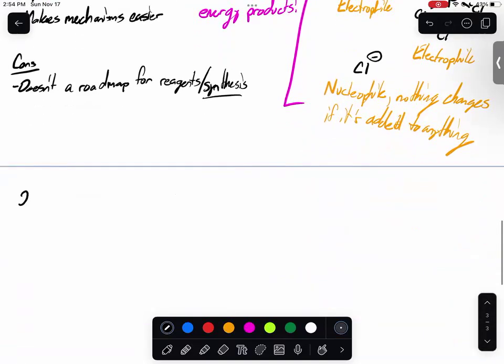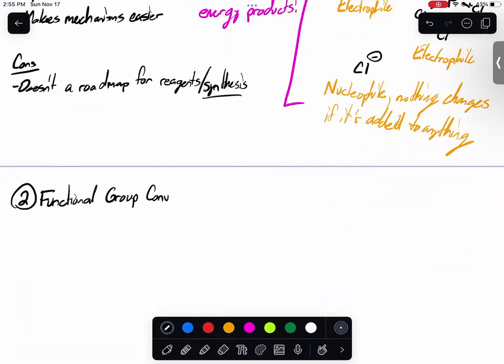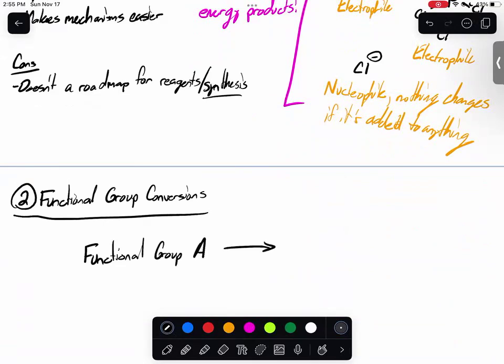And this is what we'll call functional group conversions. Essentially, looking at this, what you're going to have to ask yourself is how can I make functional group A convert into functional group B?